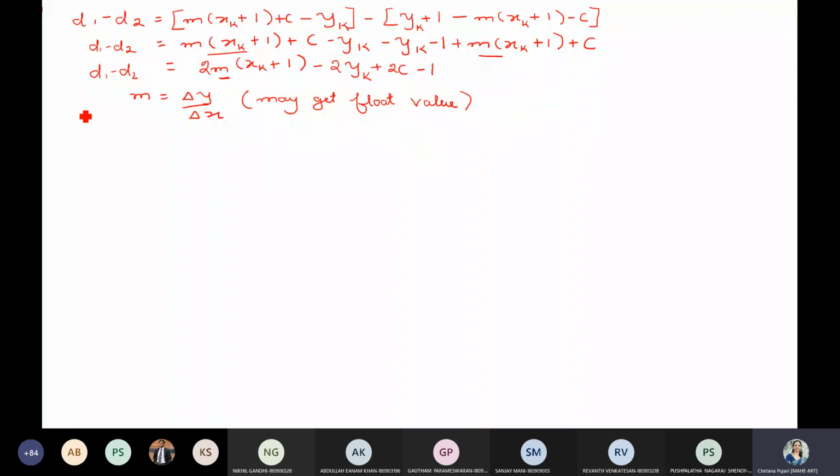So what we can do? So we can multiply, okay? Therefore, multiply LHS and RHS.